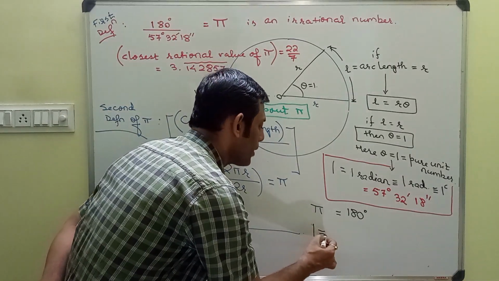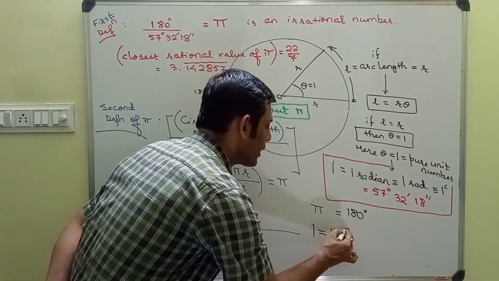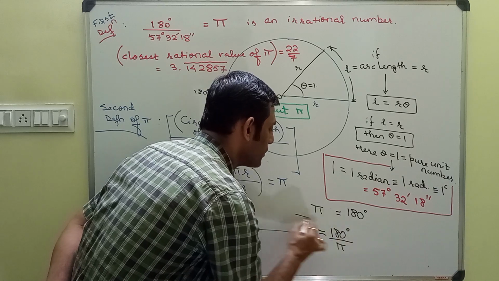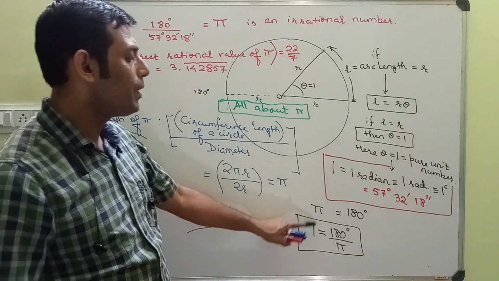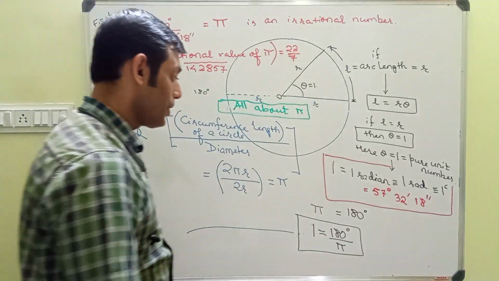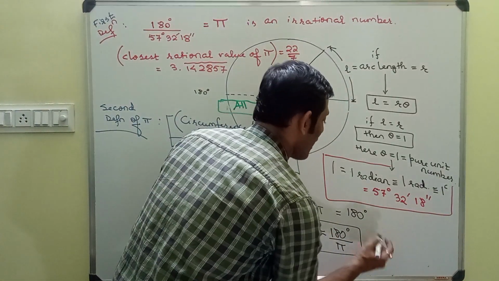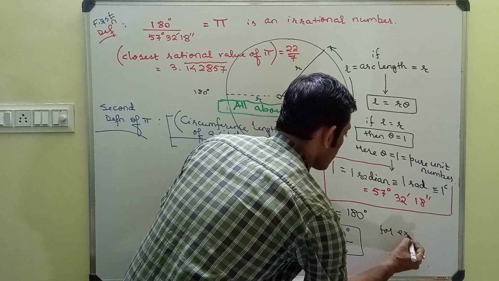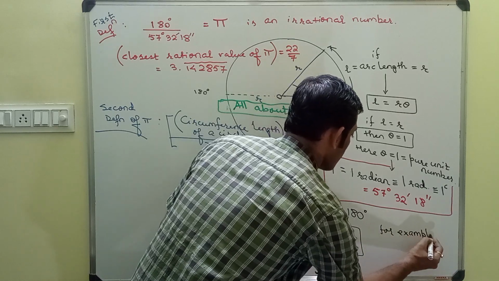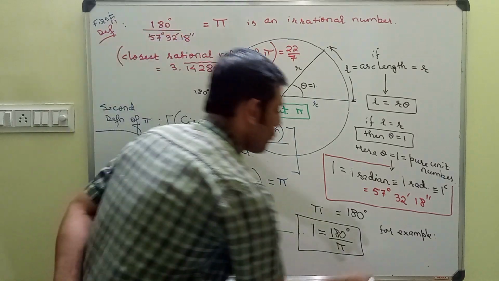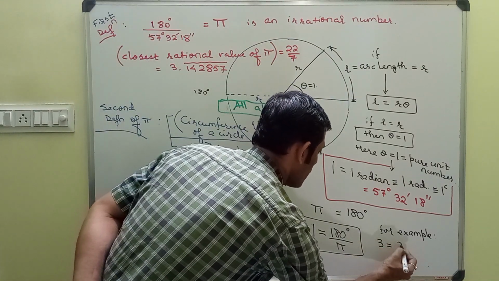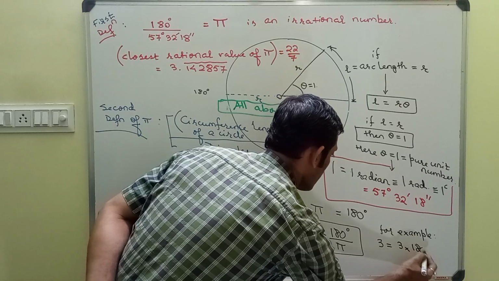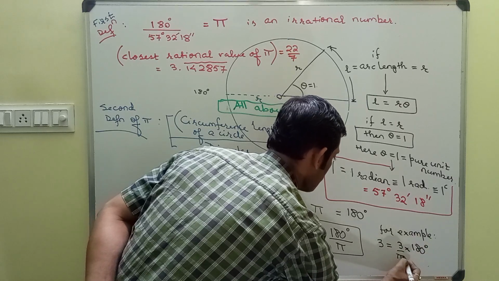That means 1 is equal to 180 degrees by pi. This is how you convert a number to a degree. That means if I have to consider 3 as a number, then 3 would be equal to 3 into 180 degrees by pi.